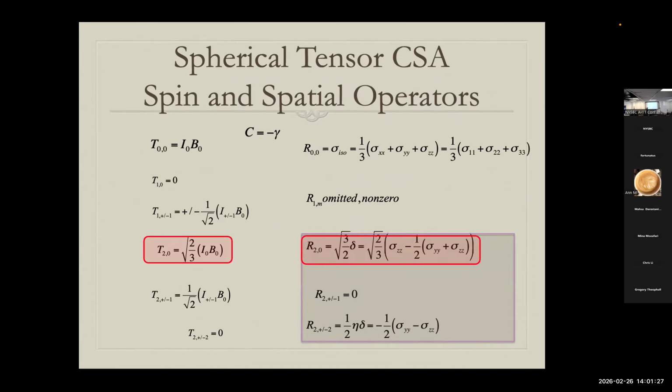In the truncated form, that's all you need. T20 is this stuff. In the PAS frame, for the spatial degrees of freedom, this is all you need if it's uniaxial.